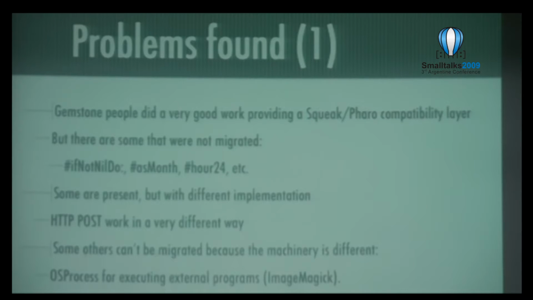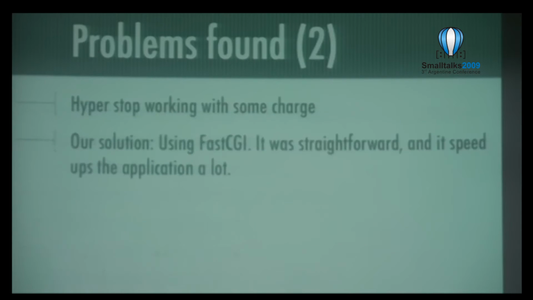So we needed to create our abstraction layer to handle all of these differences, or in some cases add methods in GemStone. But by just doing that, everything goes very, very easy.